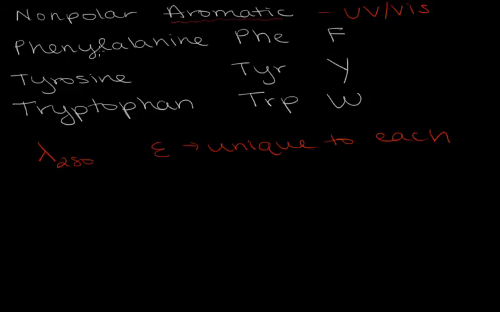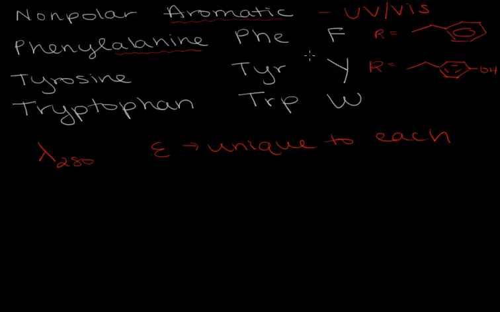Okay, so phenylalanine, we notice that this has the word alanine in it. This R group, if you remember, alanine is just CH3. There's the CH3, and then a phenyl group attached to it. Phenylalanine. Tyrosine looks just like phenylalanine, except it also has a hydroxyl group para to the alanine portion.